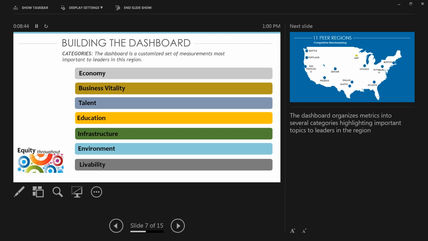Education, test scores, graduation rate for high school and for college, and also a breakdown of white versus people of color, to see whether we are staying in line or flipping on one or the other. Infrastructure: bridges, airport, highway conditions. Environment: water quality, air quality. And livability, based on crime and health, as well. And then the vital stats, which are your basic population, GDP, and so forth.